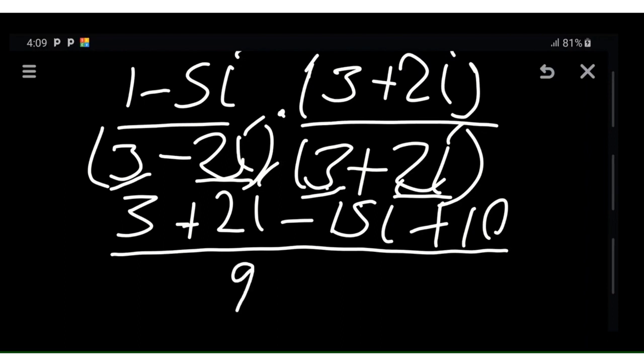Negative 3 and negative 2i multiplied by 2i is plus 4. So from here we add our numbers.